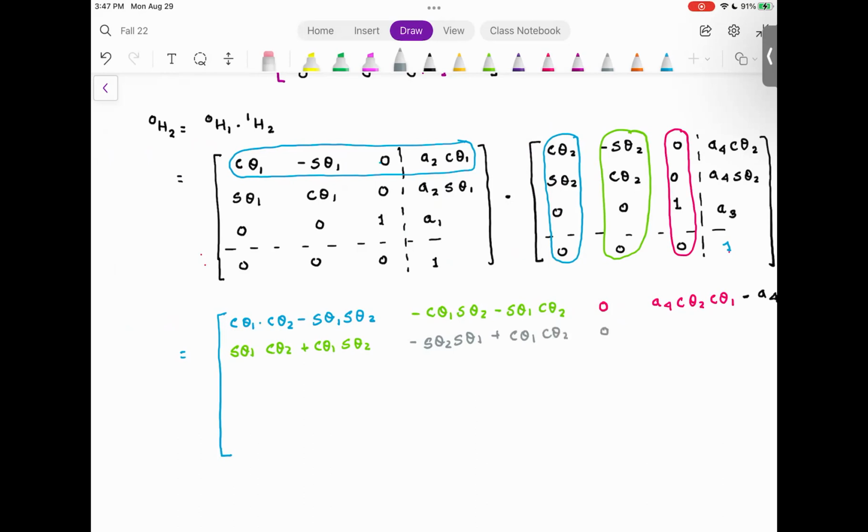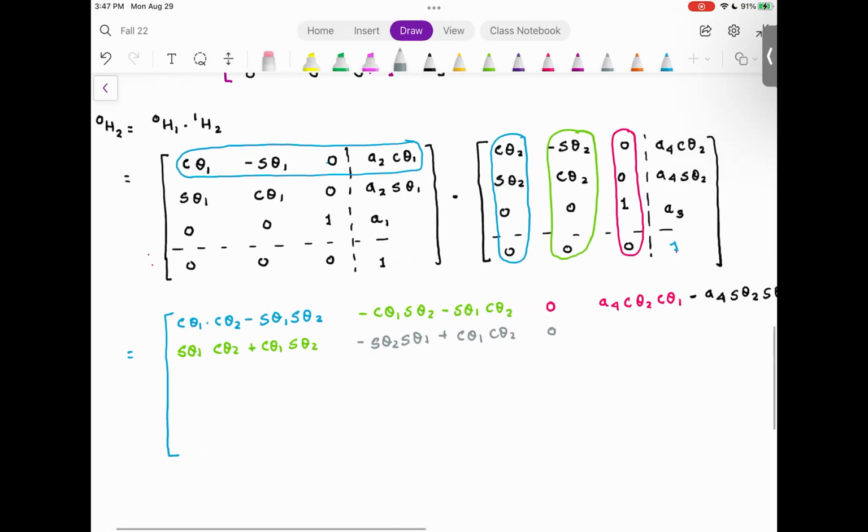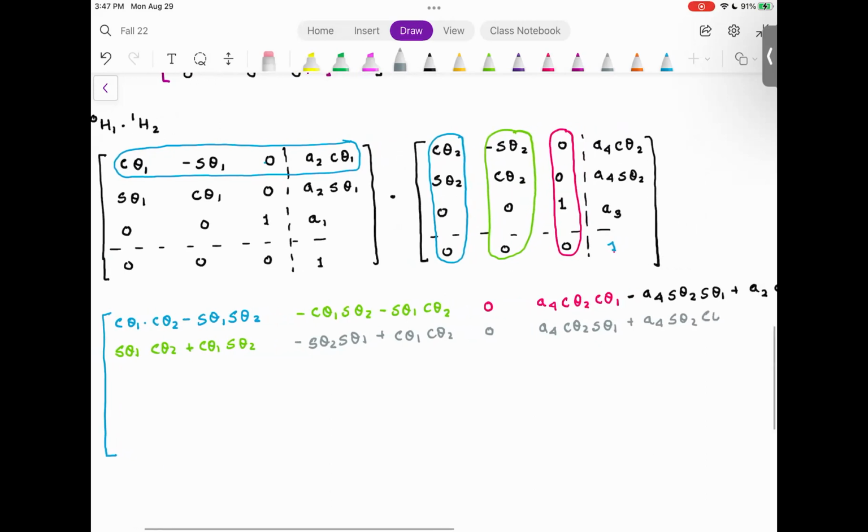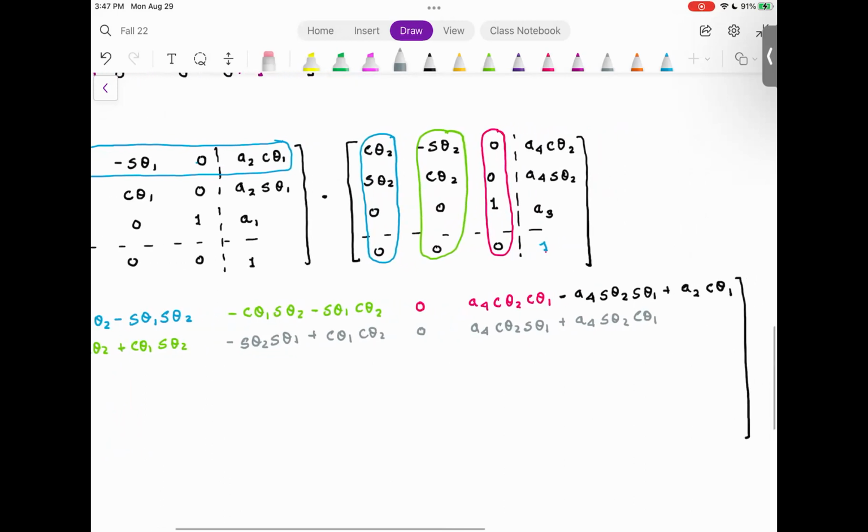Then there will be 0. Then A4 cosine theta 2 sine theta 1 plus A4 sine theta 2 cosine theta 1 plus A2 sine theta 1.